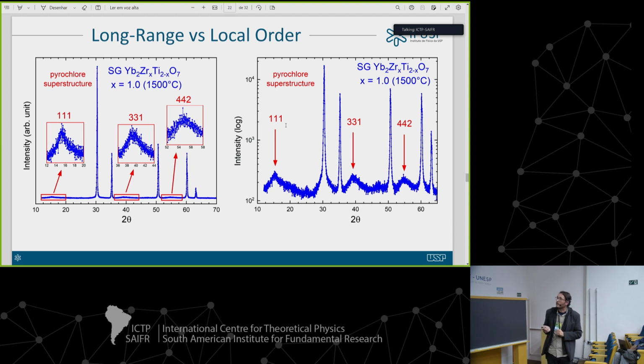If you look carefully at the diffraction, you see the superstructure peaks associated with the pyrochlore structure. That's for X equal 1. Here it's in log scale, and you can clearly see it. So we think there is a question of long range and local order of the pyrochlore structure inside this fluorite matrix.